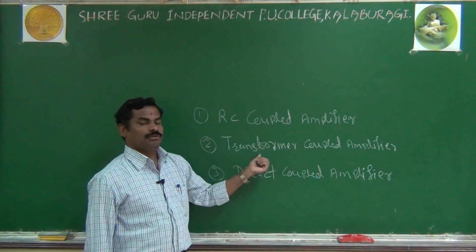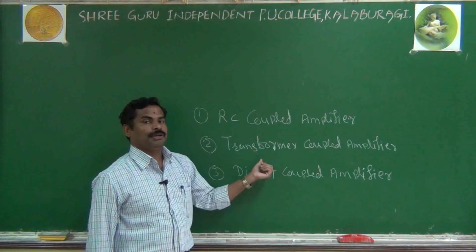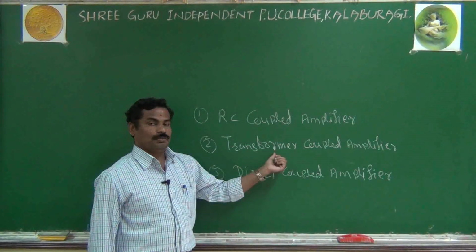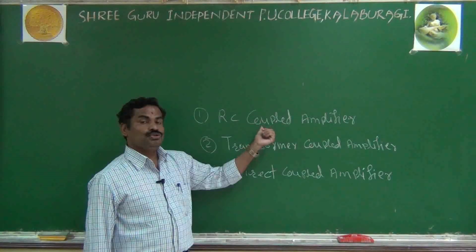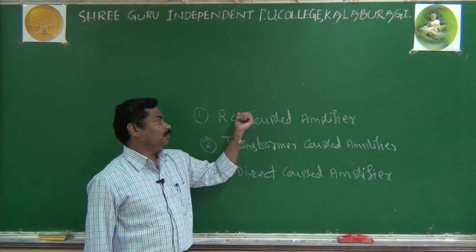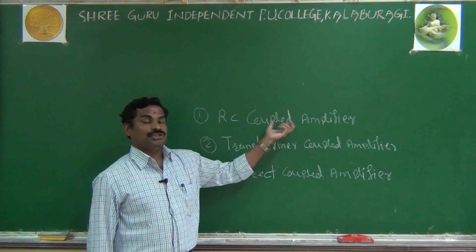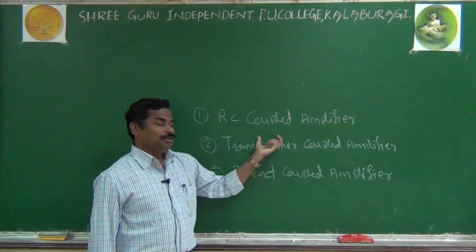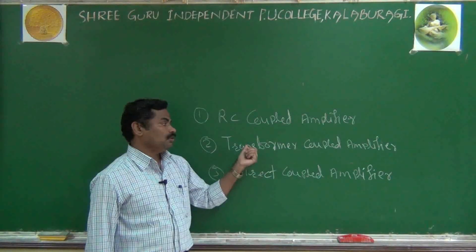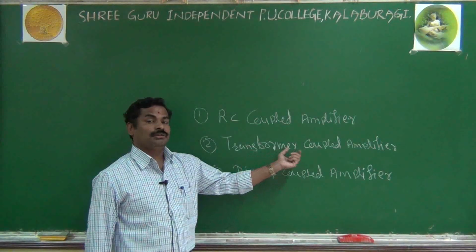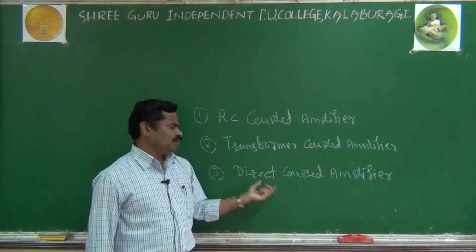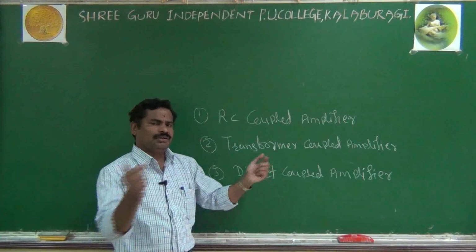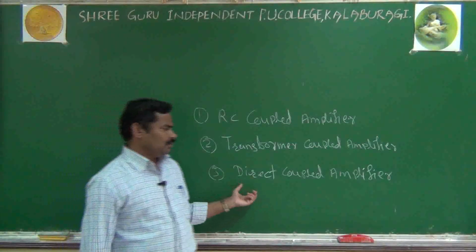If you are using a transformer in between the two stages of amplification, that is nothing but transformer coupled. And if you are not using anything, you are directly connecting one to the other, that is nothing but direct coupled amplifier.